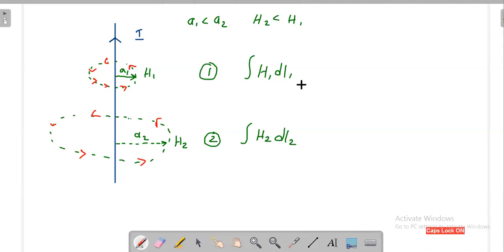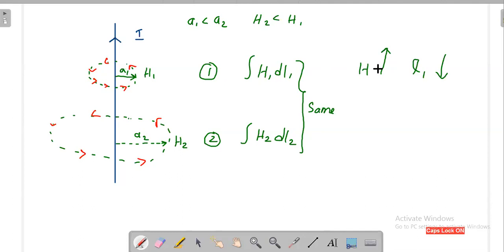But if you carefully note, both answers are the same. Once you calculate these integrals, both are the same. Why are both integrals the same? In the first case, H is high, but my circular length is low. What is my total circle length? 2 pi a1.